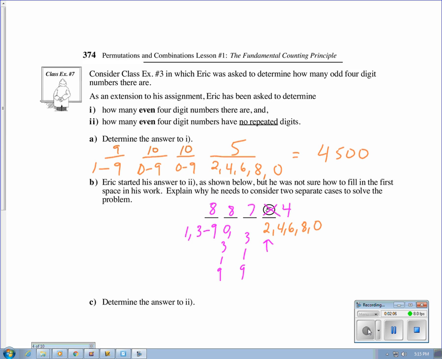I'm going to first start my problem solving by saying that the number 0 is not possible for the last position. It makes it even, so that's correct. In the first position, I have 8 choices, 1 and 3 through 9. I've said I use 2 at the end, so that's 8 different choices.